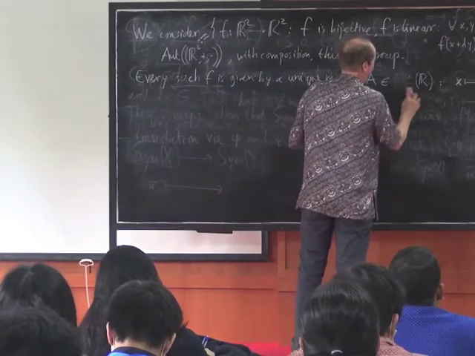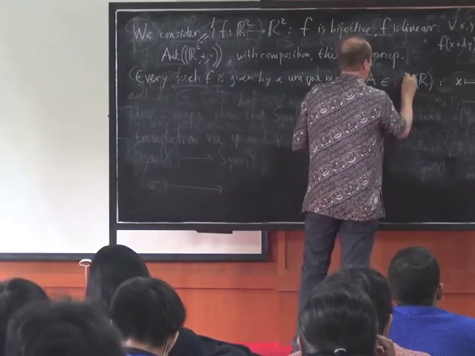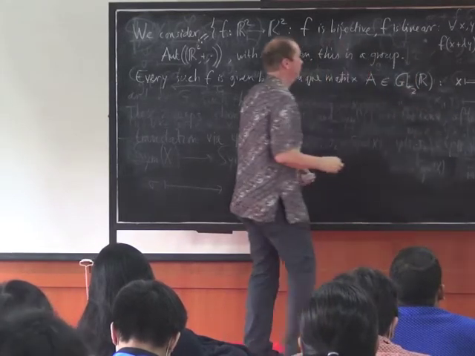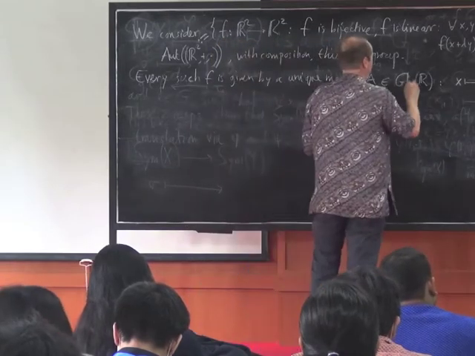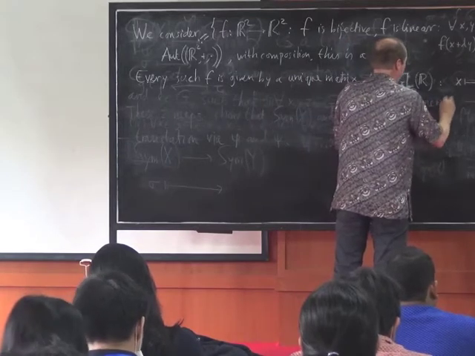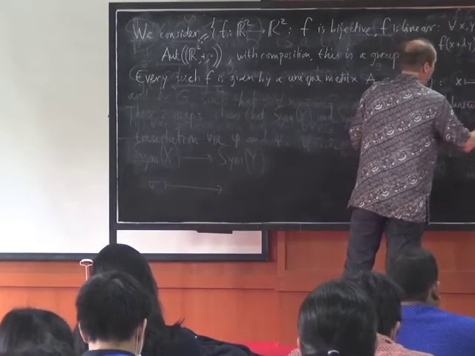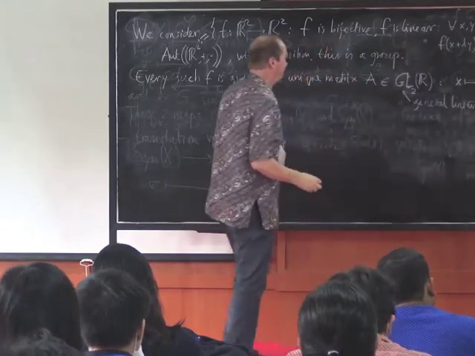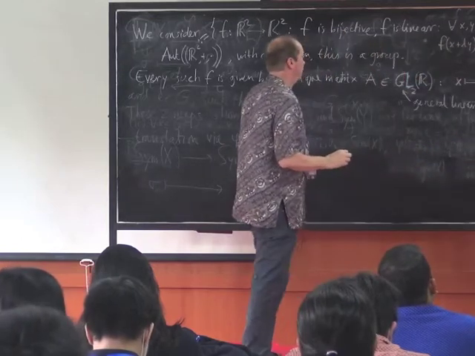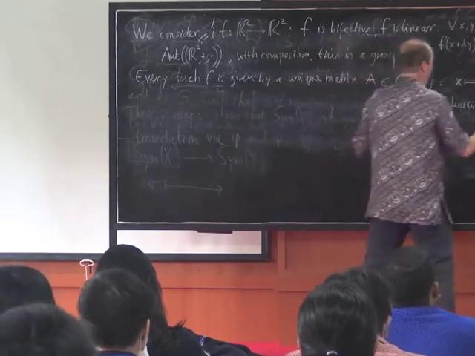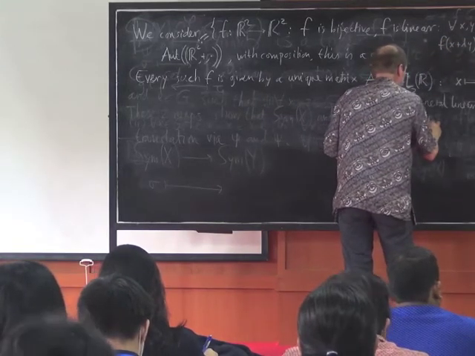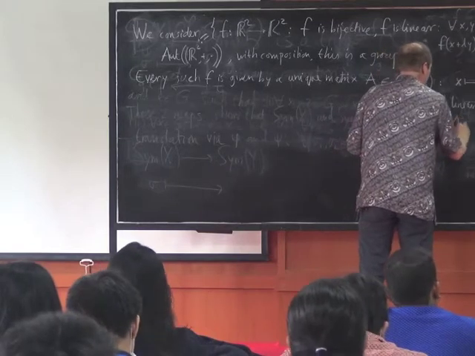So this map, but even I can change this a bit. I can write here what the person who gave the answer to my question already said. So this is GL2, general linear group. And this is the ones where the A are invertible 2x2 matrices.